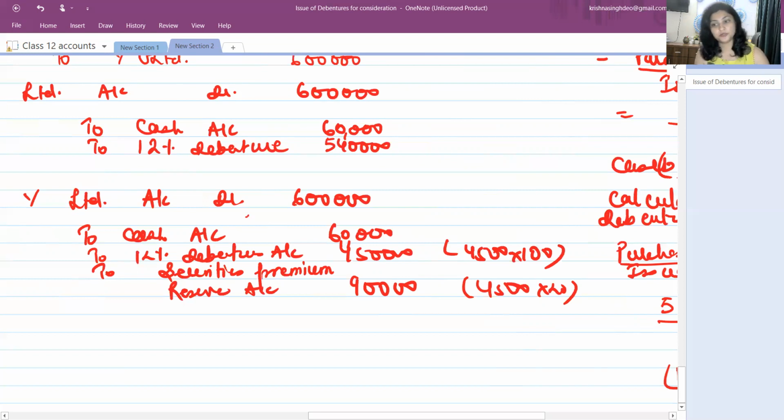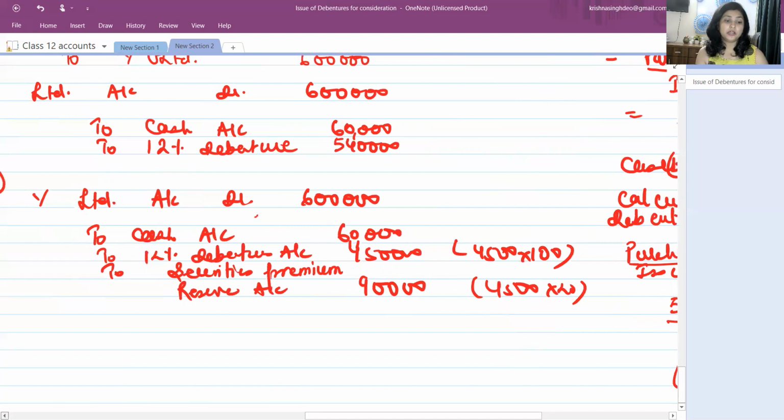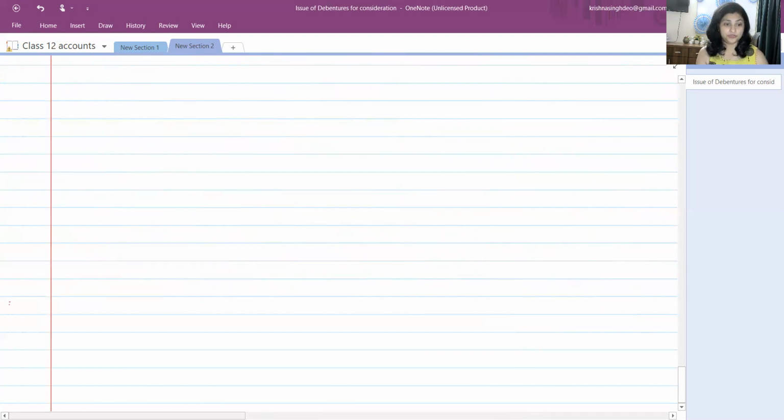So our entry also tallies. This is a special case where we issue debentures for part payment and pay another part otherwise, like here, 10% was paid by cash and the remaining 90% was issued in the form of debentures. Okay, so let us see a few more questions.